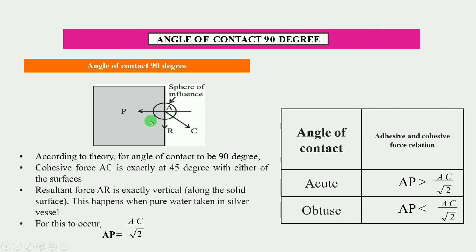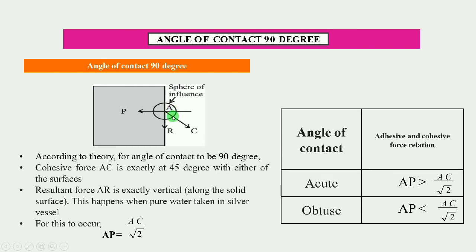But here, this being the special case, the resultant vector will be along the solid only. This resultant vector is AR, which is along the solid. When we draw the normal on this AR, it is along the same line as AP.